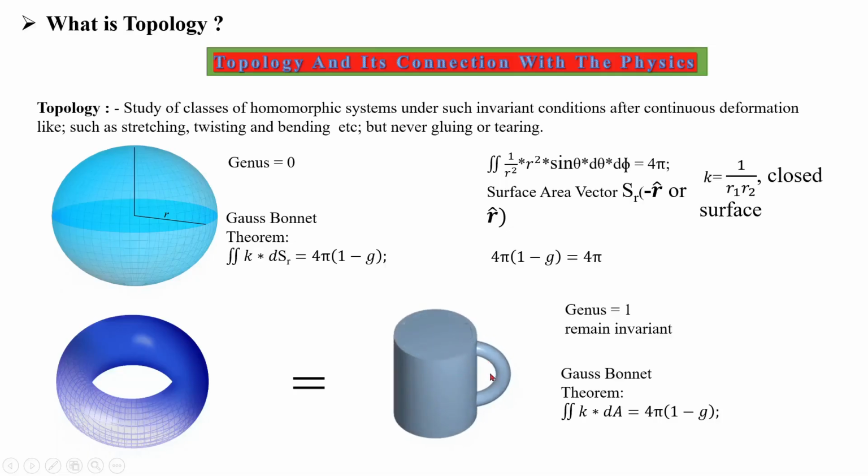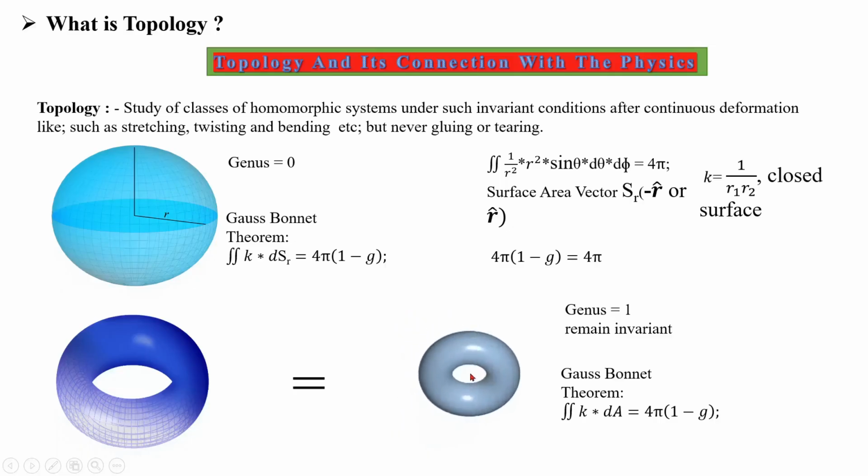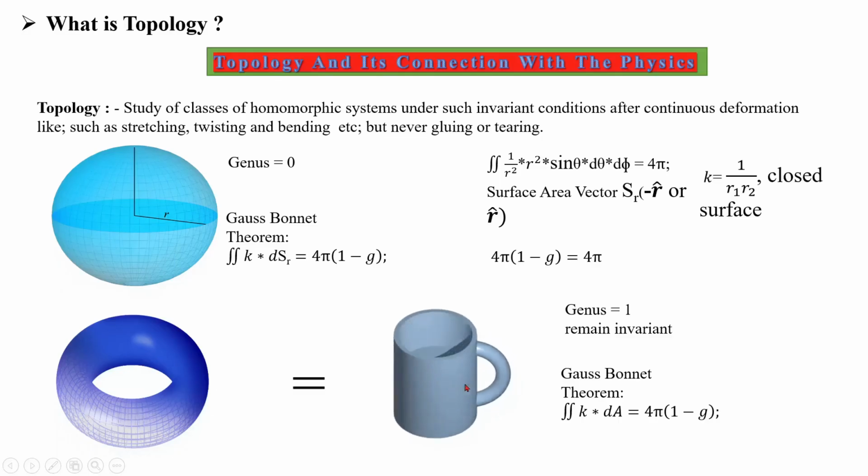So this is protected under the genus. Here the genus is equal to 1 for both the donut and the coffee mug, and similarly under the Gauss-Bonnet theorem, the surface area is also topologically protected.